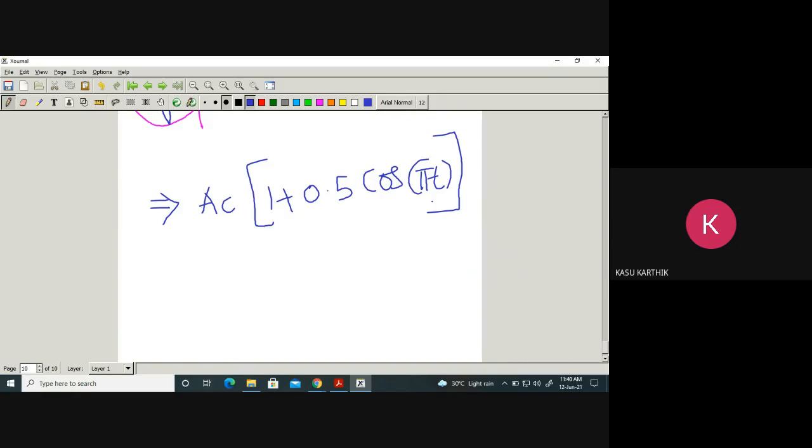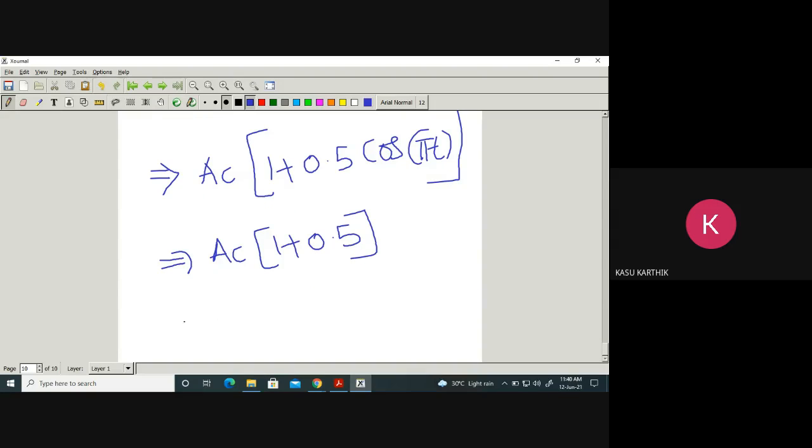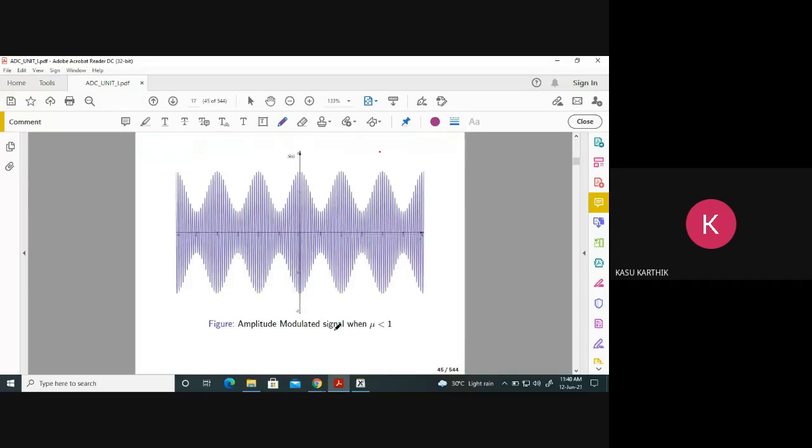Suppose cos pi t is 1, what is the amplitude? Ac into 1 plus 0.5, which is 3 Ac by 2. If cos pi t is minus 1, it is 1 minus 0.5, which is 0.5, so Ac by 2. Here you can also observe the waveform clearly.